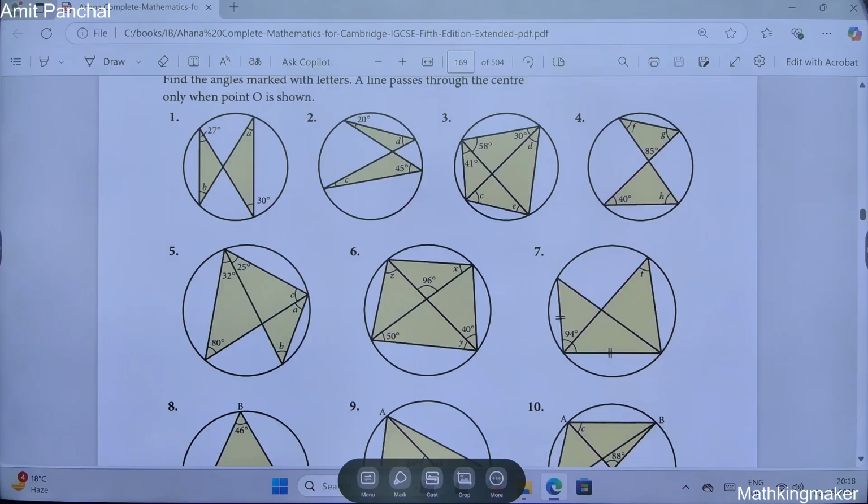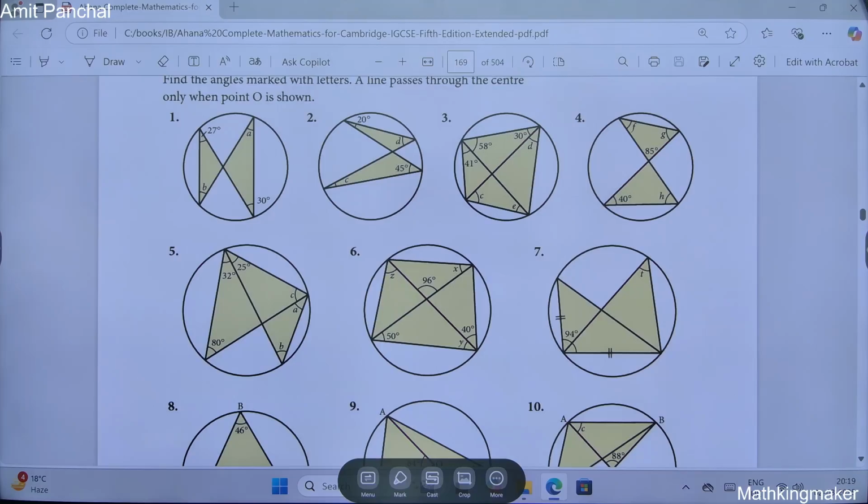So I got D as 41. Okay. D is 41. Yeah. Right. 40. Okay. What about D? Is there C also? Yeah, C is there. I got C as 58, sir.